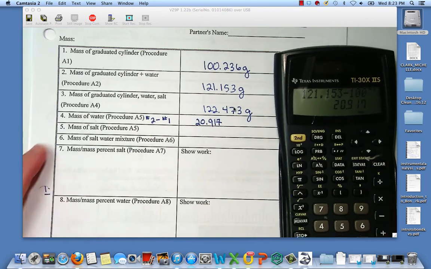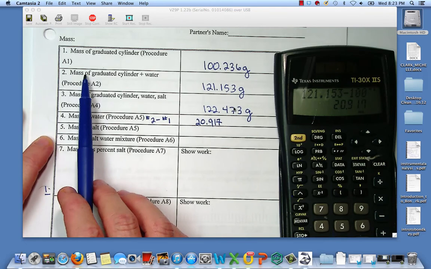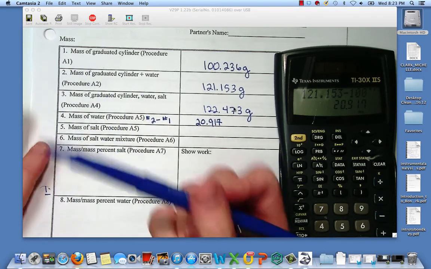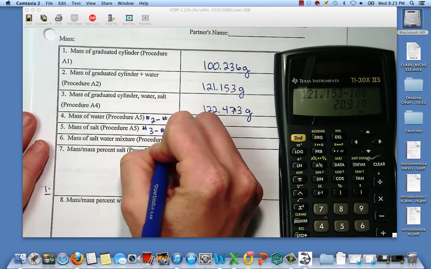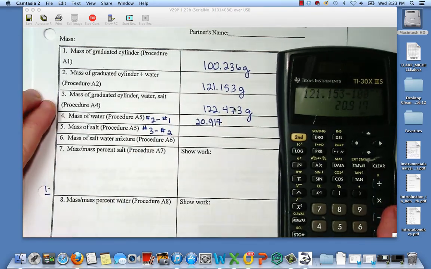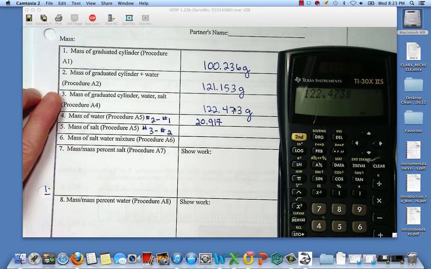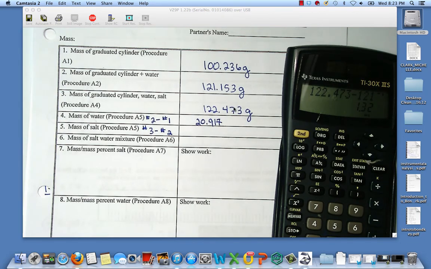Okay, the mass of the salt. How do I figure out the mass of the salt? 3 minus 2. So for Jen's data, that would be 122.473 minus 121.153, which is 1.320.